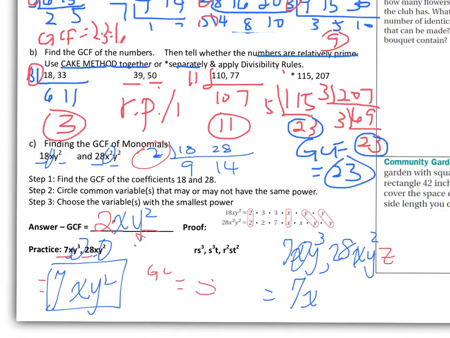Okay, we keep the x one time, and we take the smaller power y squared. We do not keep the z because 7xy cubed does not have at least one z factor. Okay? Okay, let's move on.